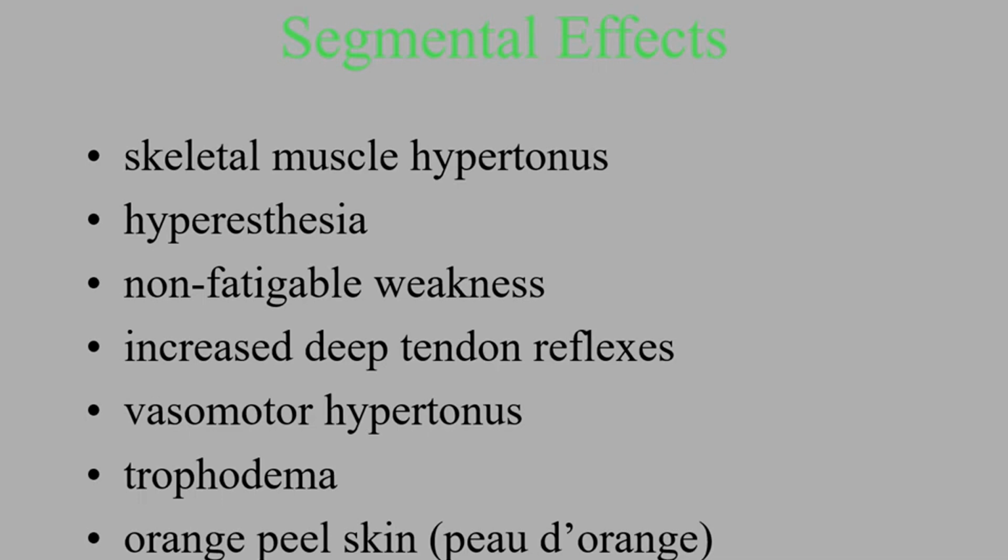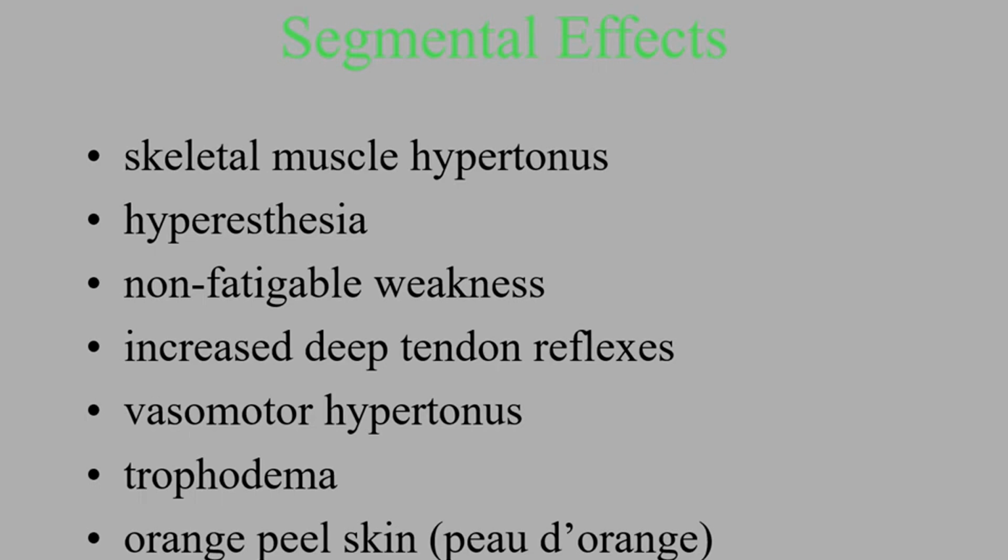The patient feels more than usual, so pinprick feels sharper than it should do. This can also lead to dysesthesia, where instead of it just feeling sharper, it can also alter the sensation, so the patient may actually feel it tingly. And in fact, the paresthesia caused by segmental facilitation appears to be a result of dysesthesia.